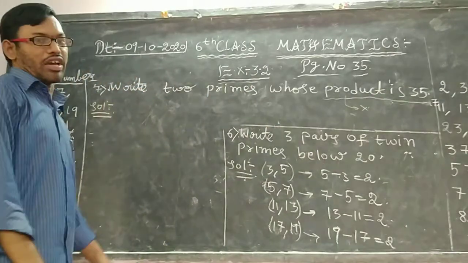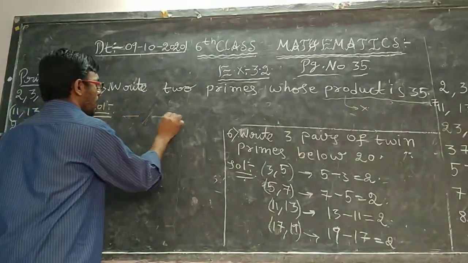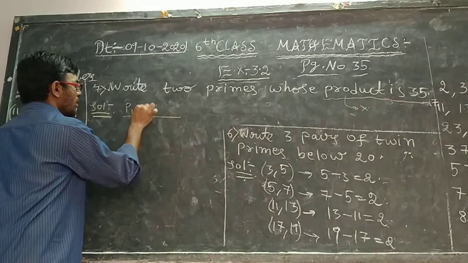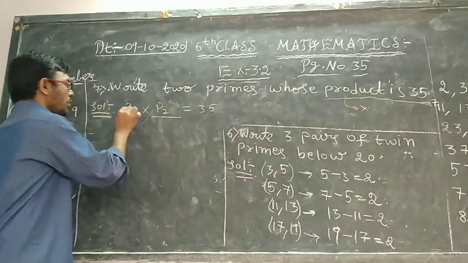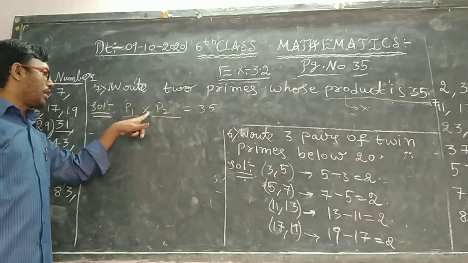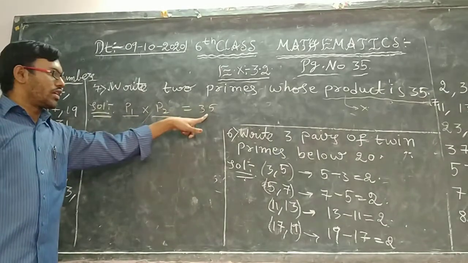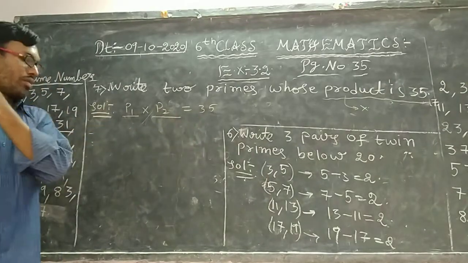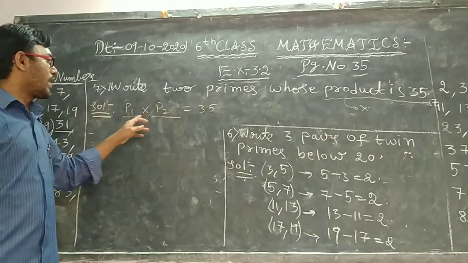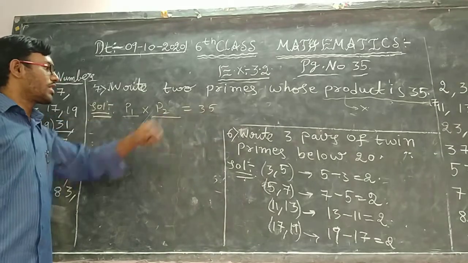Multiplication should be 35. So if you take any two prime numbers, that means P1 into P2 should be equal to 35. Taking one prime number and multiplying with another prime number, the result should be 35. So which prime numbers will you take?